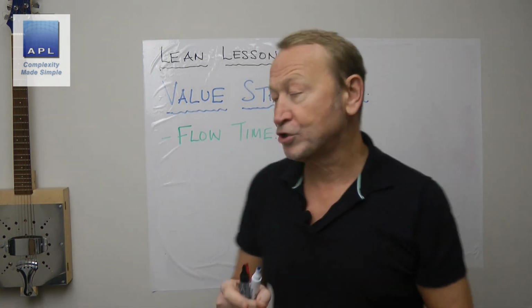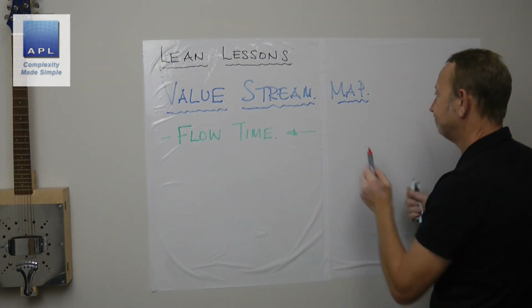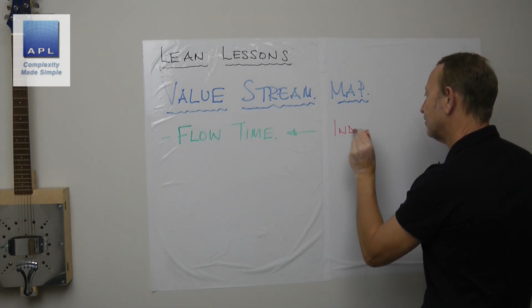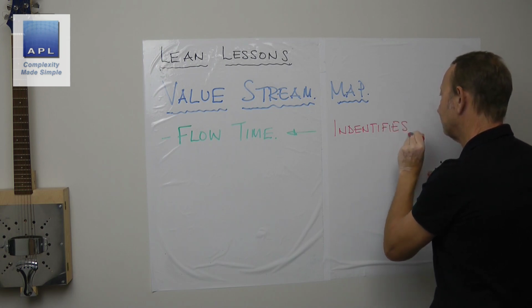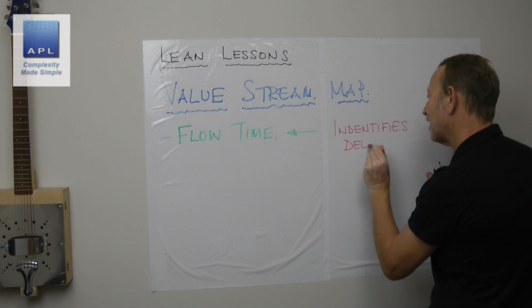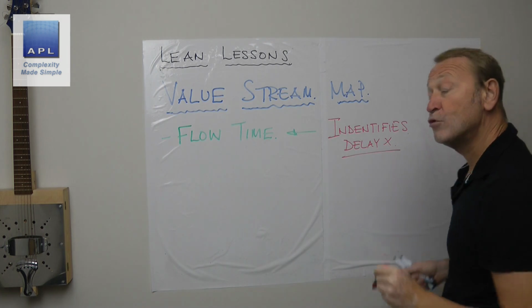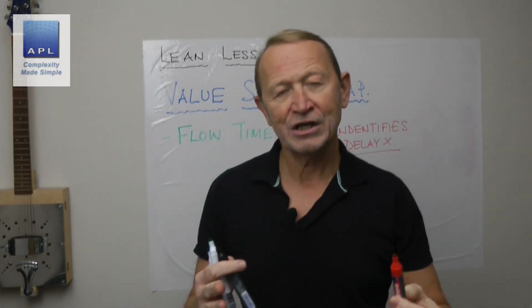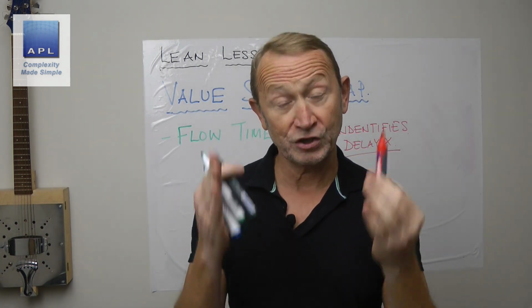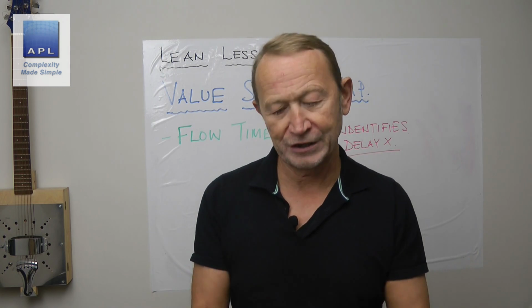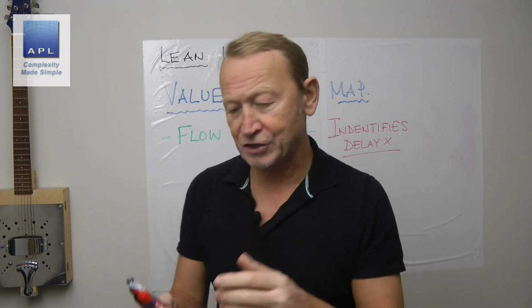It's measuring flow time, and of course what it's really doing is it identifies delays, because that's what lean is all about. It's all about removing those delays. So this is a standard way of finding the lean waste, very specifically the lean waste inside your company. So this isn't about people, this is about products.